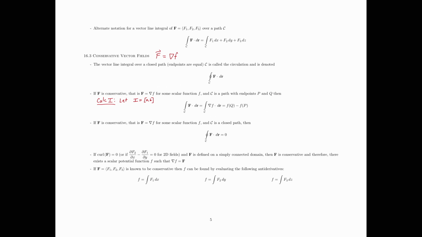Really, if we think of it, this I is a path. It's a straight line path in the x direction. It starts at A, ends at B. So A and B are the endpoints of I. The integral over I of the derivative of some function f dx, the fundamental theorem of calculus says, is equal to f at your endpoints.